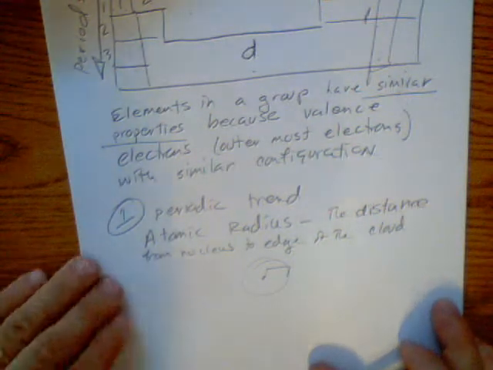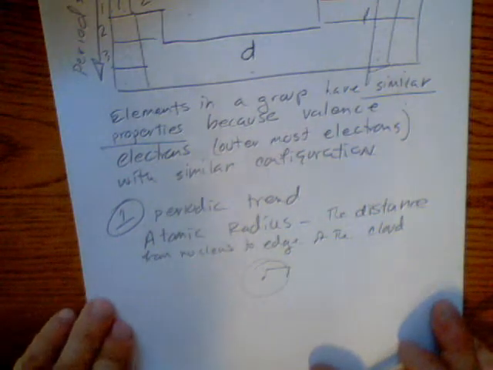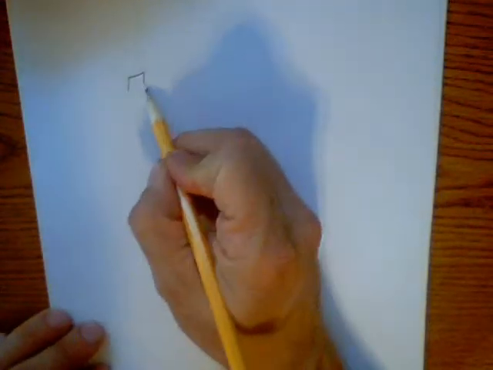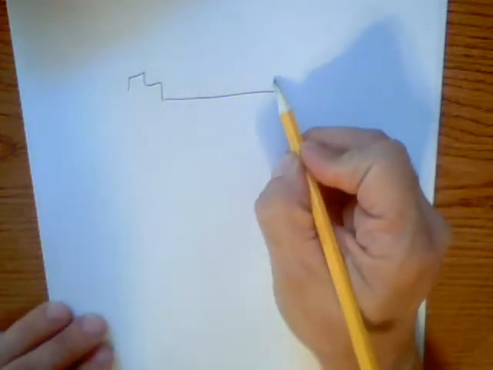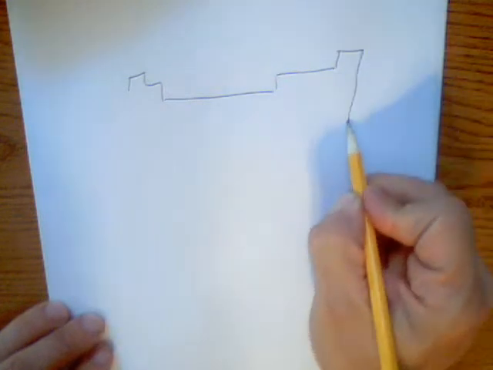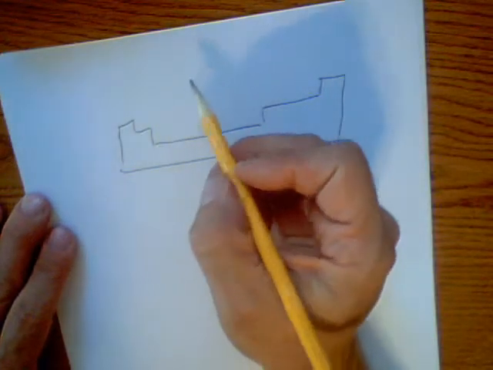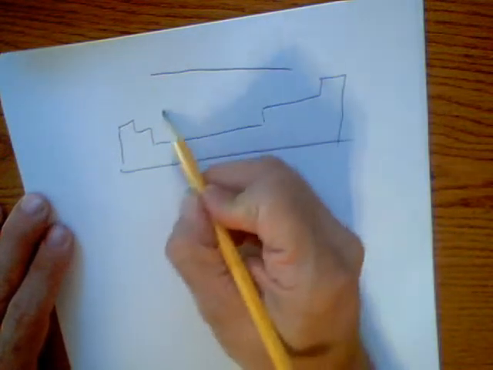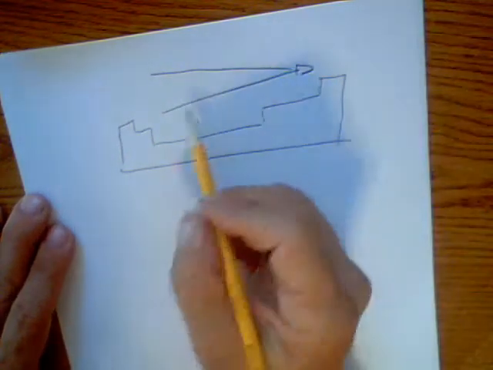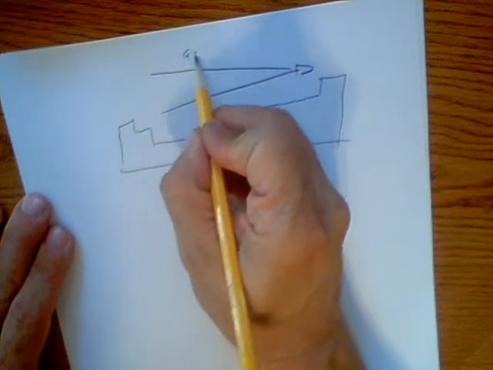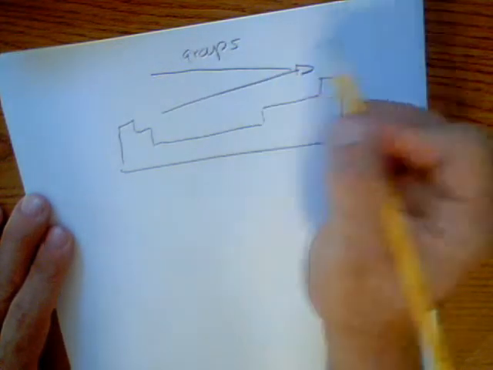Now, the trend that we see in atomic radii, I need another periodic table. Here's my periodic table. The trend that we see in atomic radii is that the atomic radii gets smaller as you move across the groups. It gets smaller.